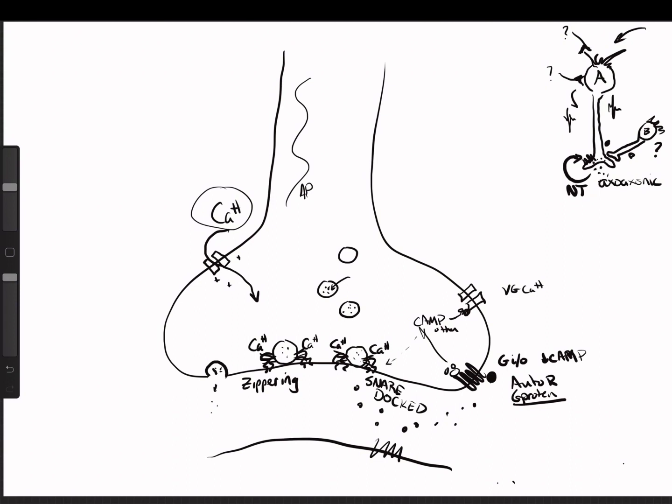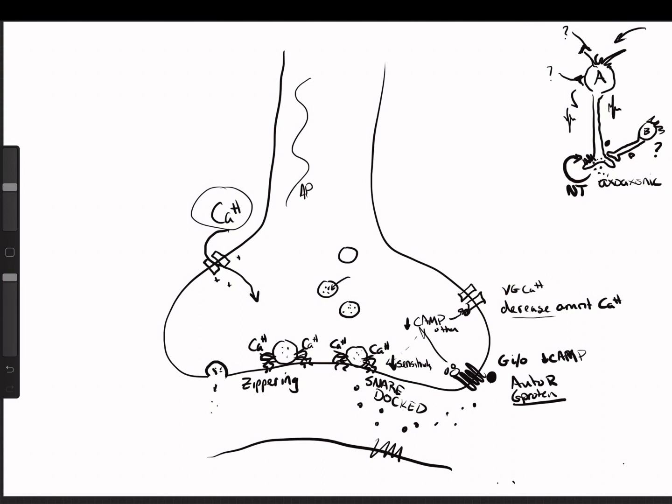And in that way, if it's a Gi/Go and we're decreasing cyclic AMP, then what we can do is actually decrease the amount of calcium that comes in, or decrease the sensitivity of the SNARE complex, or any of a number of other things that will actually decrease the ability of an action potential to cause neurotransmitter release.